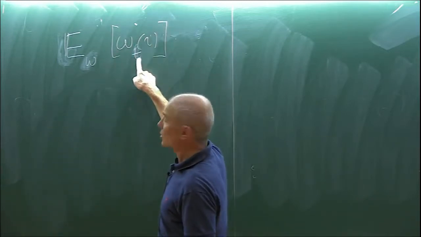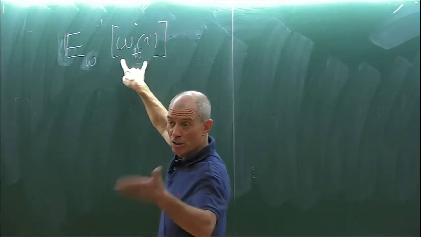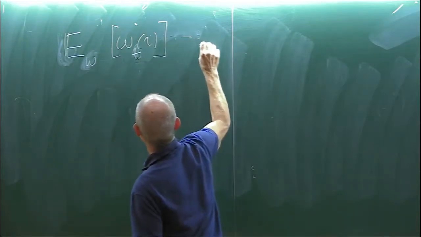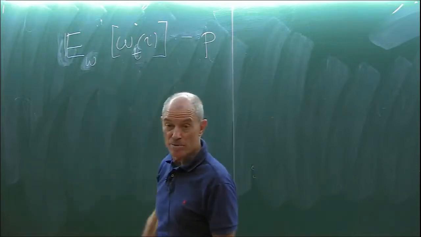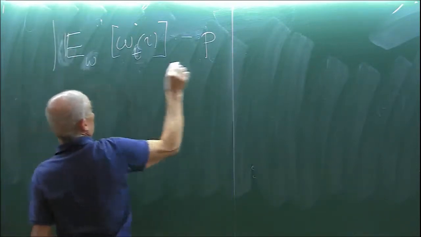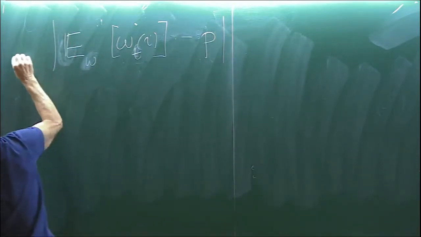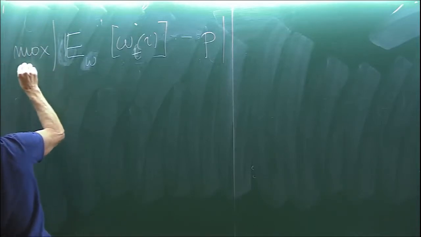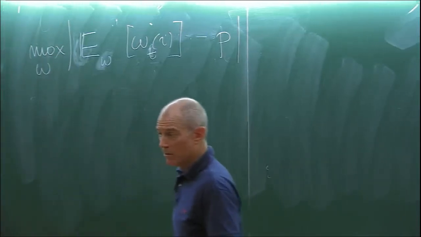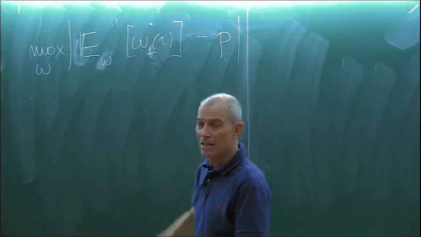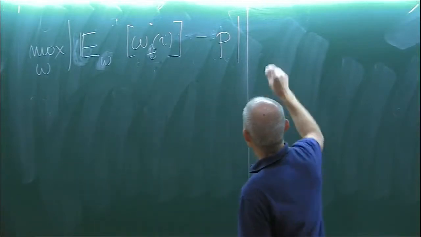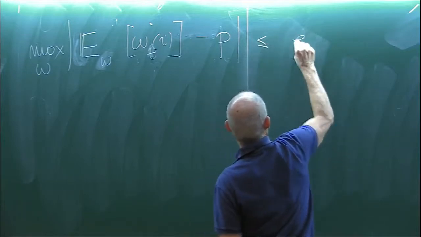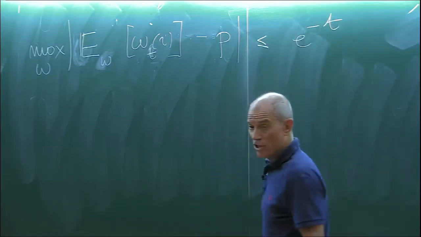For t large, this quantity should converge to p, because at equilibrium this average is p. You would like to take that and maybe compute a max over omega, which is another notion, in a sense stronger than the other one. Well, this is also going down exponentially fast.